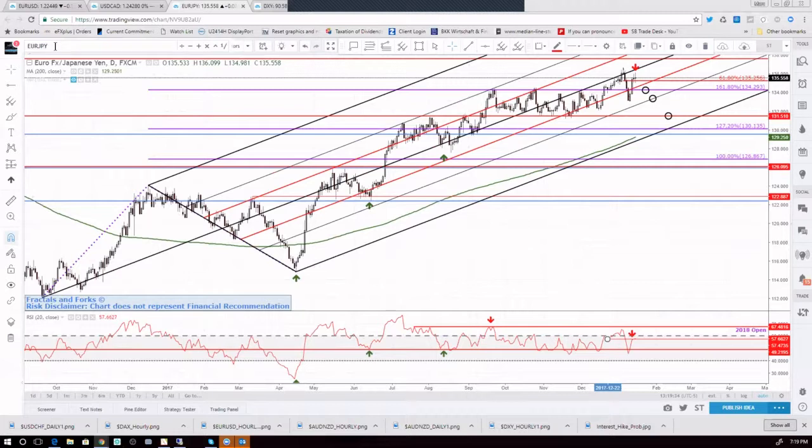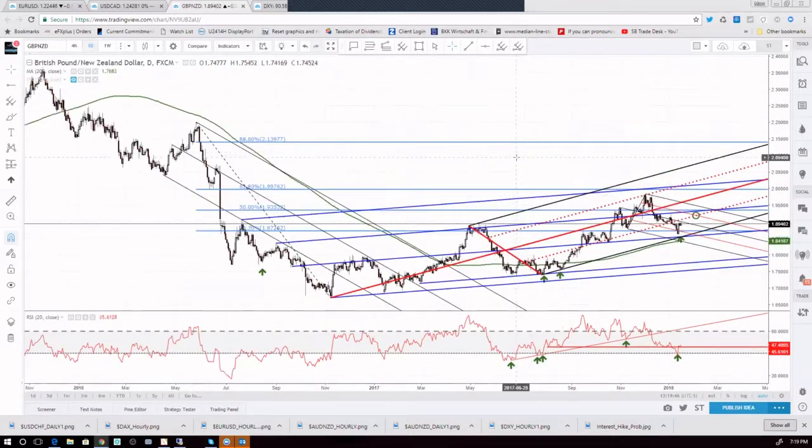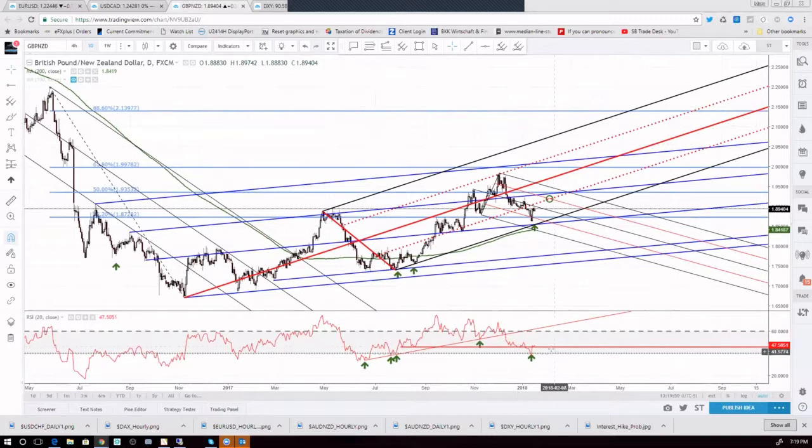Pound NZD, I stopped out of all the trades. It didn't look good to me. I might have made a mistake. We're above this horizontal trend line.